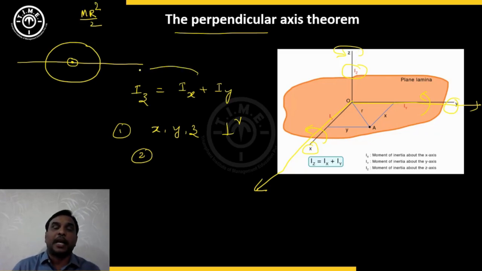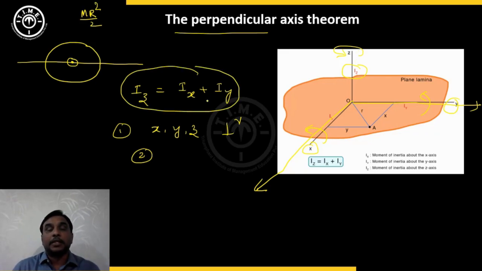Then the perpendicular axis theorem states that the sum of the moments of inertia of a rigid body about 2 axes lying on the plane, meaning Ix and Iy, is equal to the moment of inertia of the same object about the z-axis.